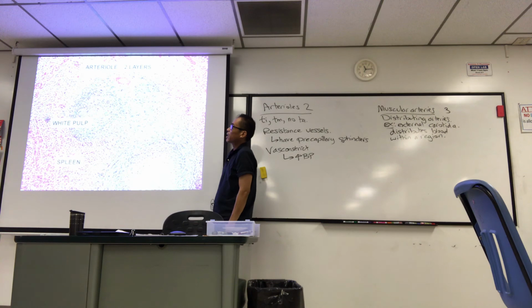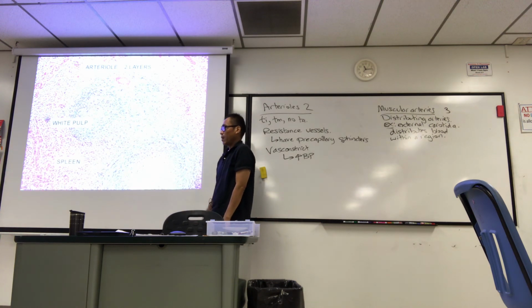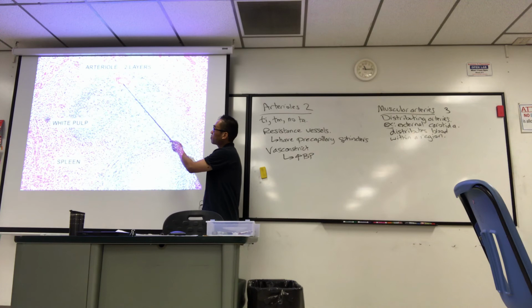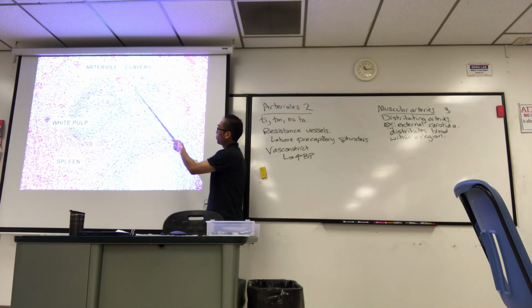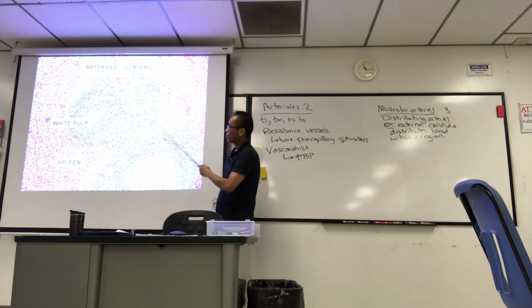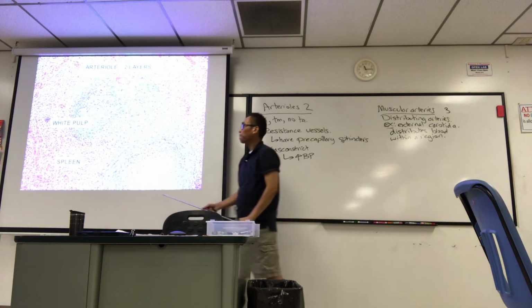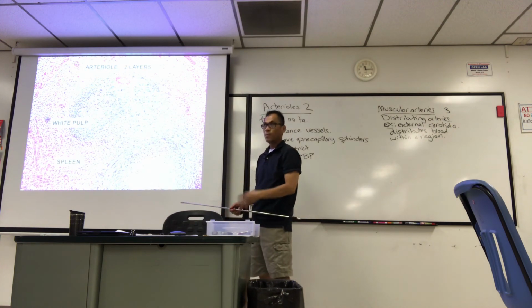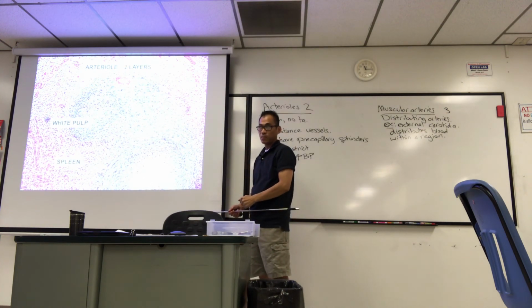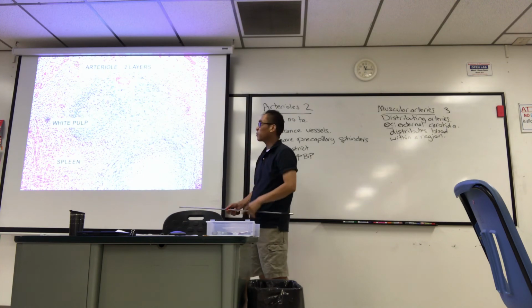All right. So again, I was wondering, how am I going to show you an arteriole? Where do you find it? Well, one of the things we teach is the central arteriole in the spleen. So by definition, it's an arteriole. Notice how it's purple? What stains purple? It's white pulp. What kind of cells is the white pulp? White blood cells. White blood cells are really white, but they stain purple.